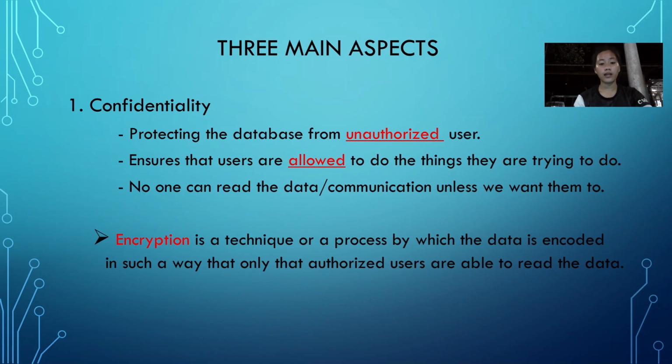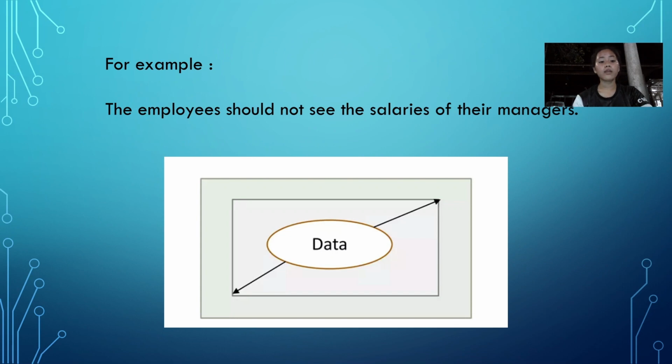Also, encryption is a technique or process by which the data is encoded in such a way that only authorized users are able to read the data. For example, employees should not see the salaries of their managers. That is an example of confidentiality, because employees should not see the salaries of their managers.